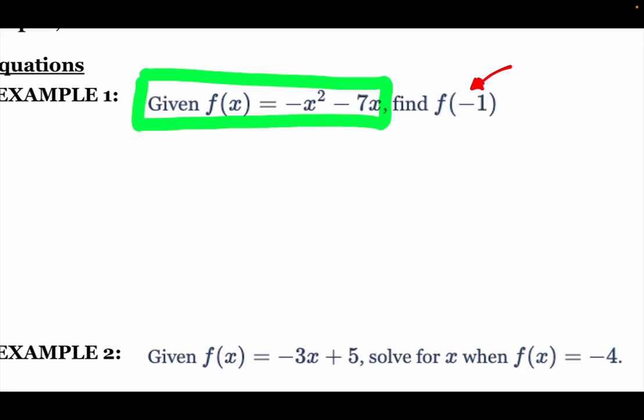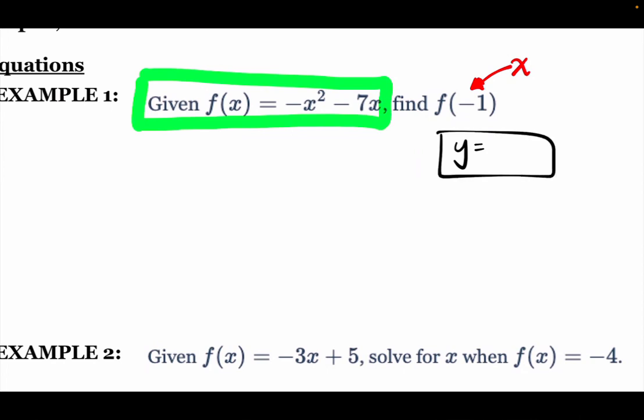What gave it away? The parentheses, right? F of, that's always x. We're trying to figure out what y is on this one. So this is x. So our question is, then what is y?